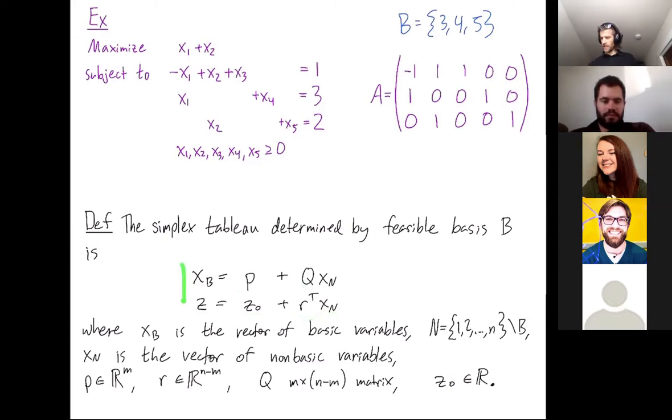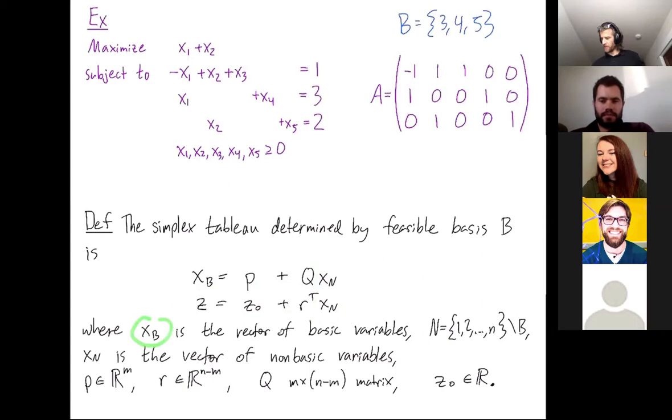So we've expressed our basic variables and our optimization function in terms of the non-basic variables. To have a basic feasible solution, you always have to plug in 0 for the non-basic variables. But here we're thinking of these as variables, and so we have a system of linear equalities.